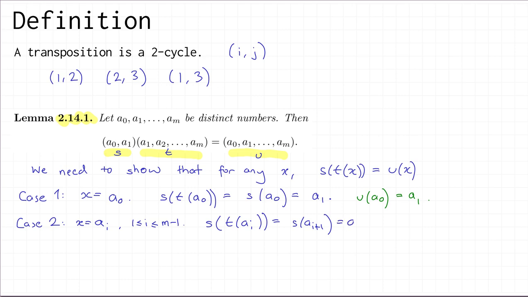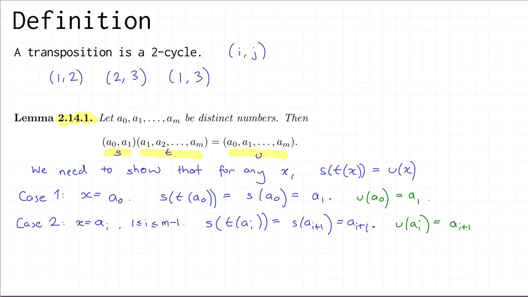So what we've got here is just a(i+1) again. And now let's work out what U does to ai. Again, i is something which is less than m, so we're not at the end of the cycle, we're not getting sent back to the start. So U of ai is just a(i+1). And again, in this case, they agree.